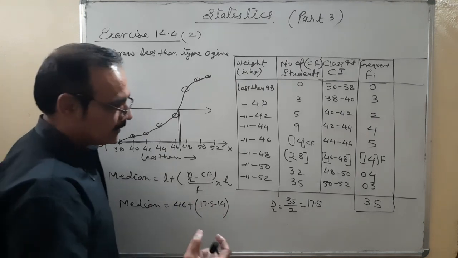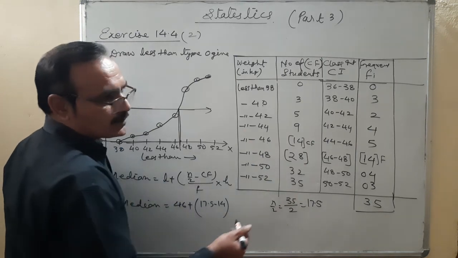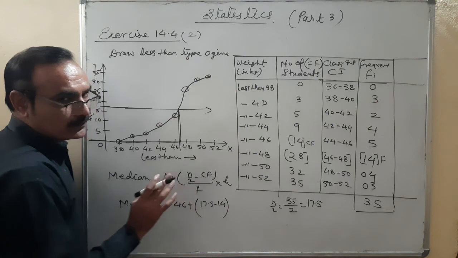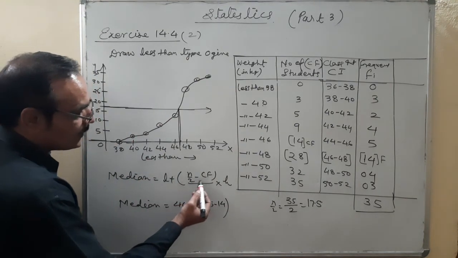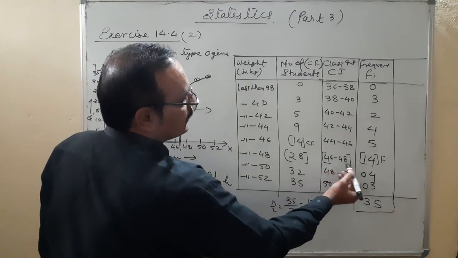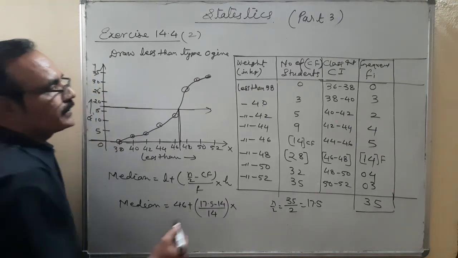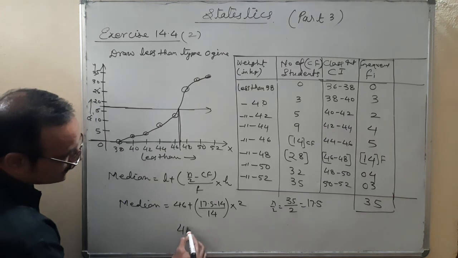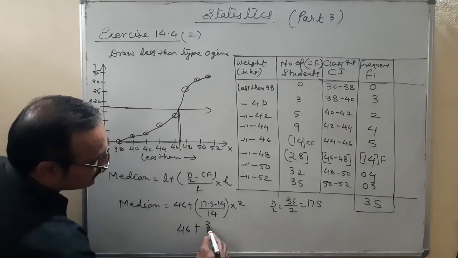If there's any confusion in your mind, sometimes you might pick 28, so you can immediately ignore it because 28 is more than 17.5, so there's no chance of making an error. 17.5 minus 14 upon F, the frequency in the frequency column, that is 14, and H, the class width, 2. Okay, 46 plus 17.5 minus 14, it is 3.5.